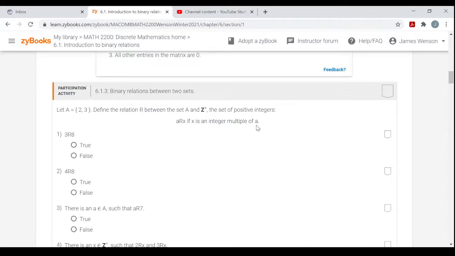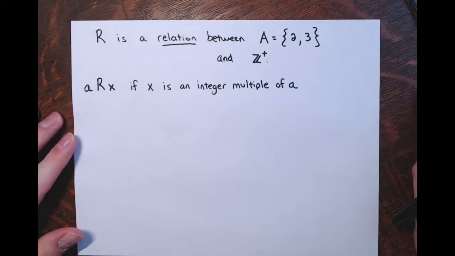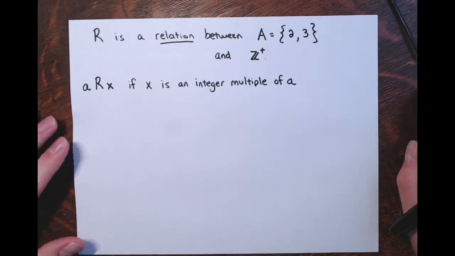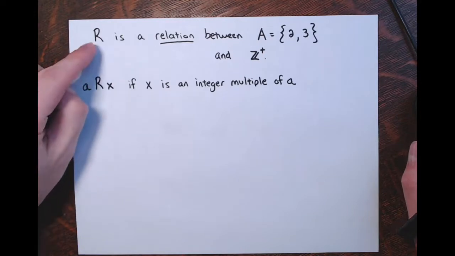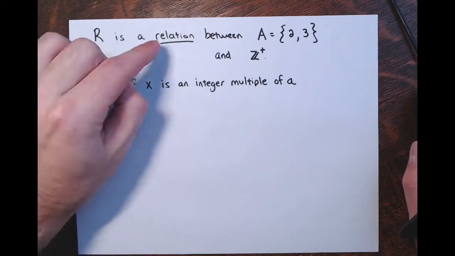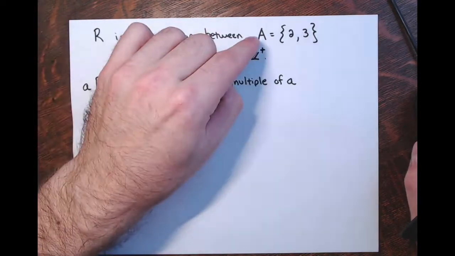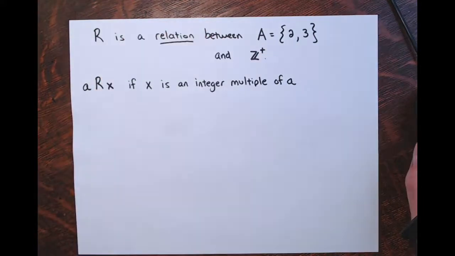So I'm going to take a piece of paper here and draw some stuff. We're going to represent this in a couple different ways. Here's what we're told. This capital R is a relation between set A, which only has the elements 2 and 3, and this infinite set, the set of positive integers.